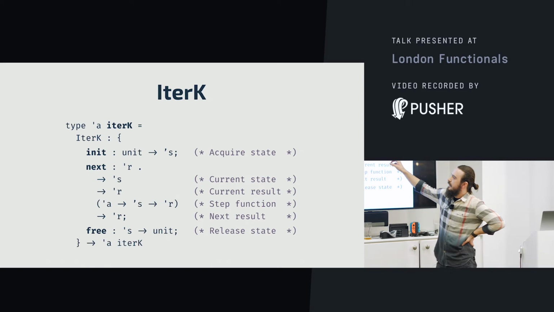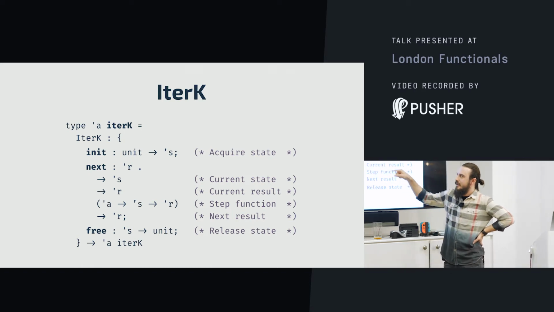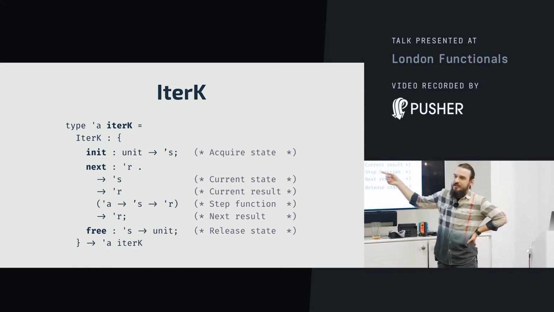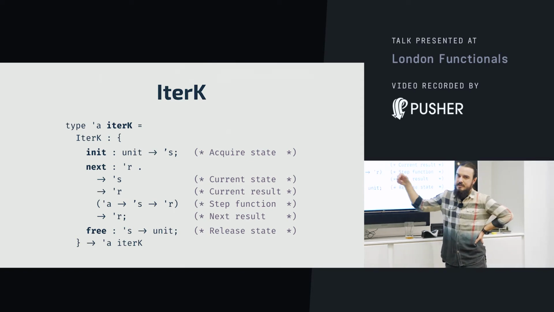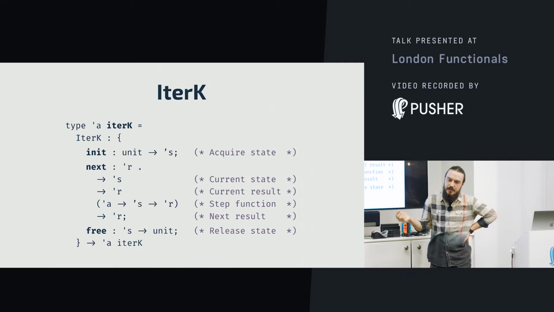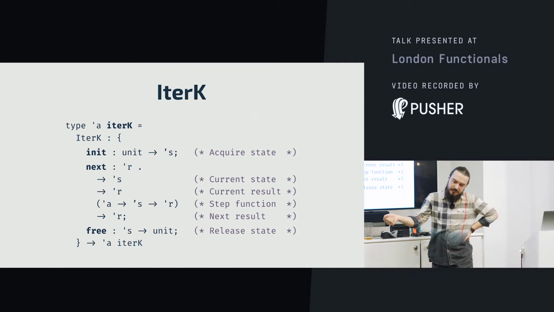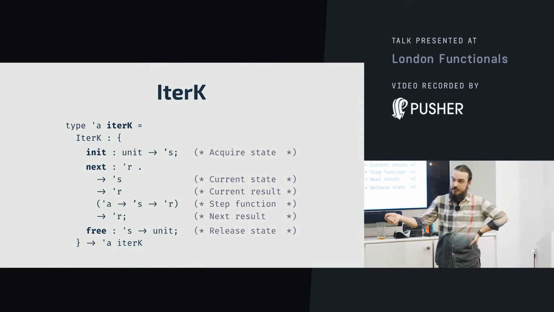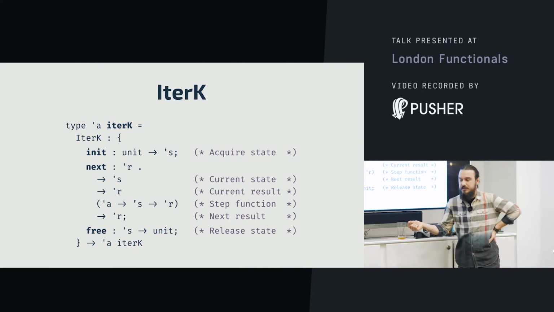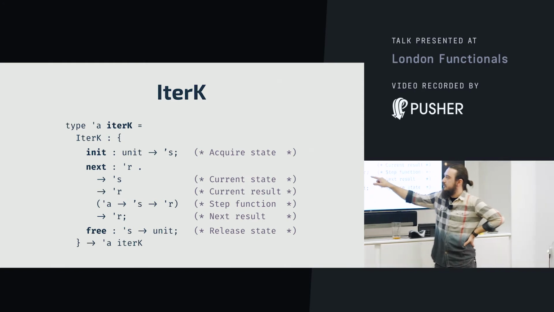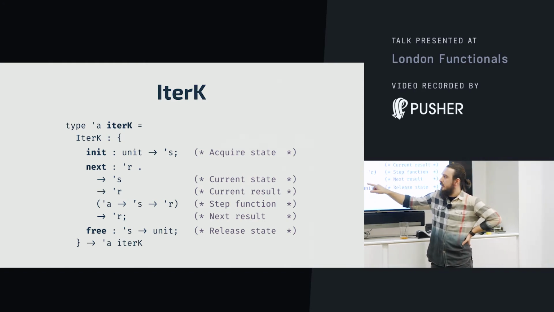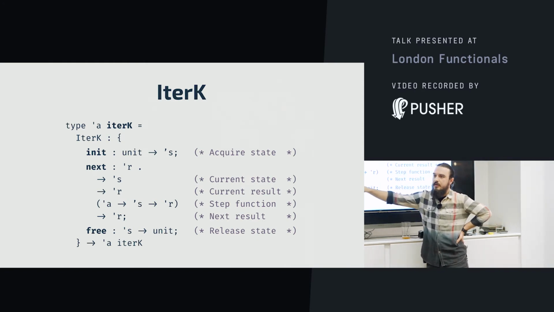So next is accepting the current or initial state, the current or initial result, and then it has this stepping function. The role of the stepping function is to essentially take the next element from the state. It's given the next element from the state, and it's given the next state, and it produces the next result, which is the one that will be returned here.